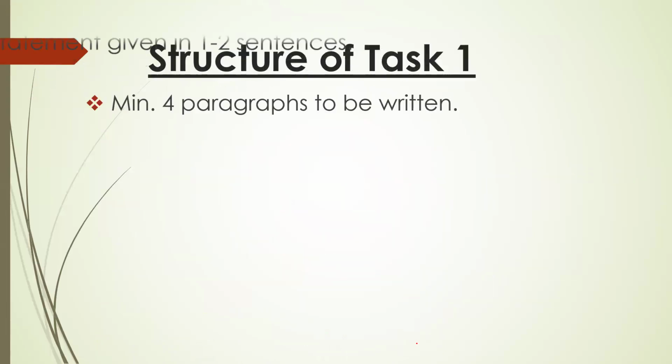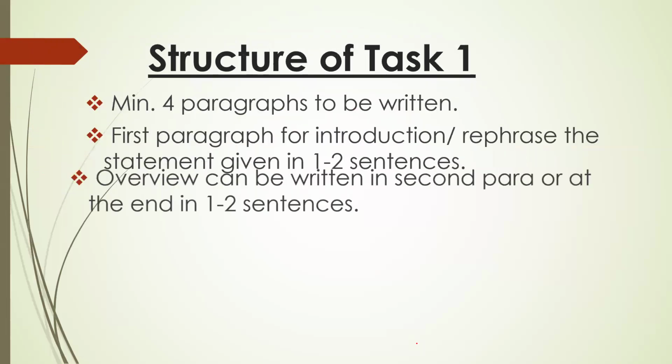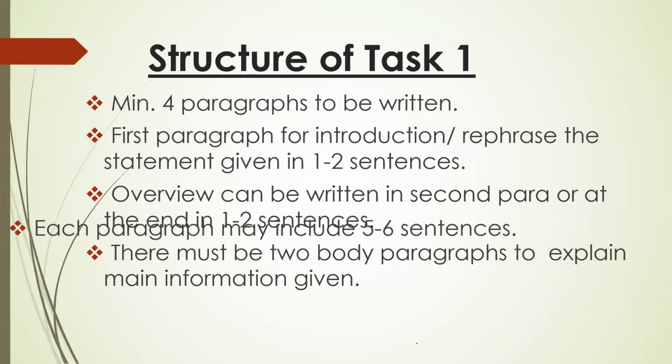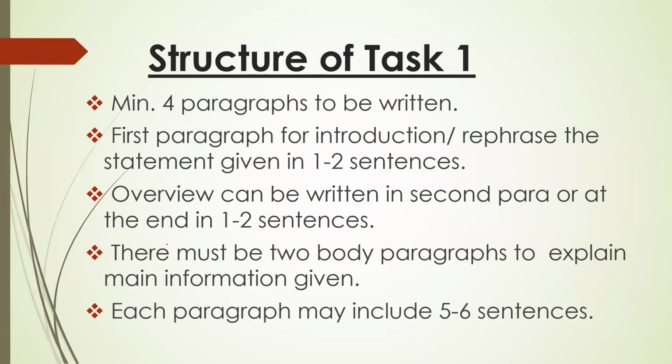Next is the structure of task one. Here you have to make at least 4 paragraphs in total. The first paragraph will be for the introduction, where you will rephrase the statement in 1 or 2 sentences. After that comes the overview.